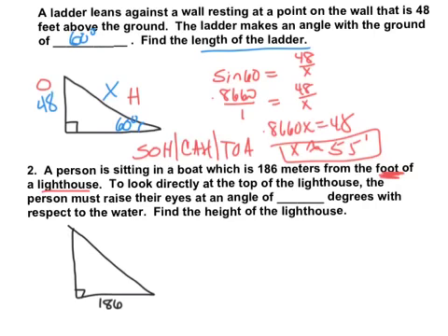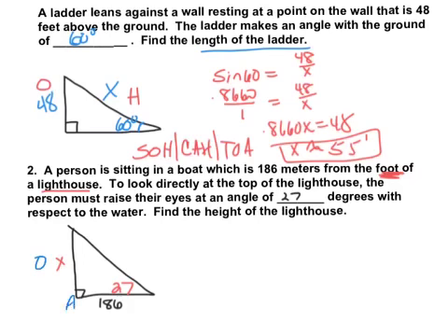To look directly at the top of the lighthouse, the person must raise their eyes to an angle of 27 degrees. So if I'm looking up at the lighthouse, the 27 is the bottom right again. And we want to know how tall the lighthouse is. So the x, the vertical height, is what we're trying to find. Relative to this angle, 27, we need to find the opposite, and we have adjacent.